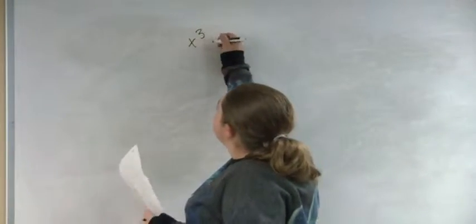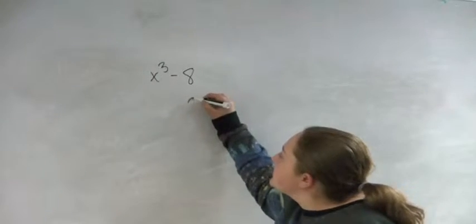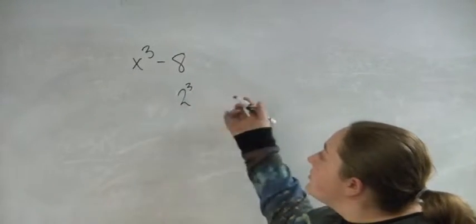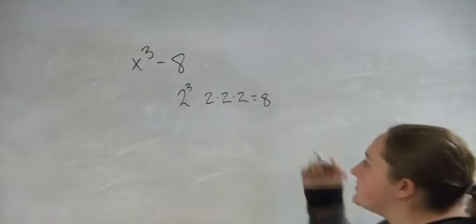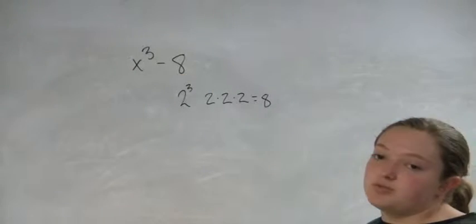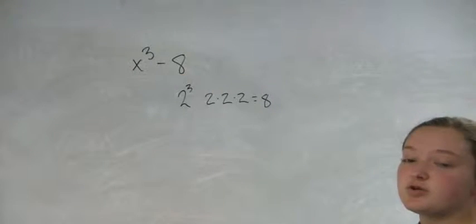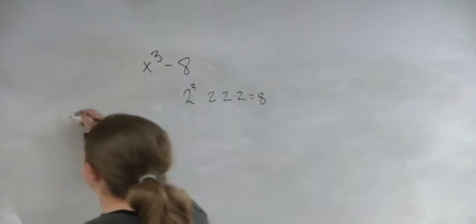X cubed minus 8. Now, we all know that 2 cubed, 2 times 2 times 2, is equal to 8. So, the resulting thing we have here is both of these are cubed. Now, there's certain equation that you can use for the sums and differences of two cubes.